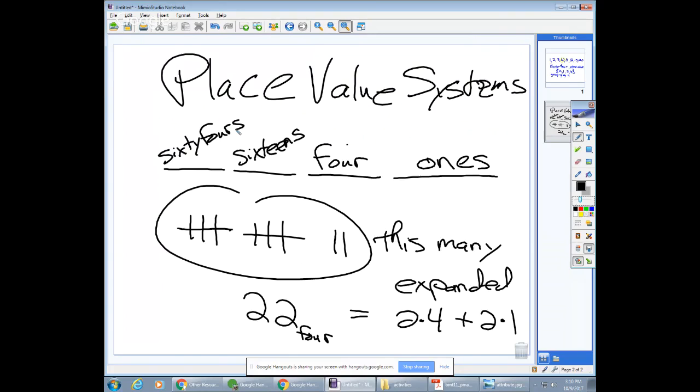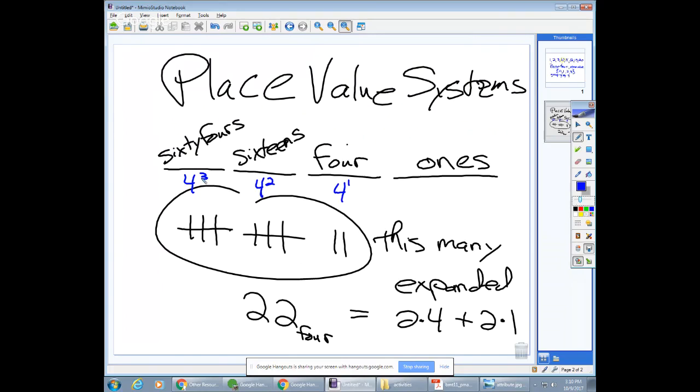Now, if you think about that, another way to look at it, I'm going to use base 10 notation for a minute. This symbol right there in blue doesn't exist in a base 4 system. They would write that as 1, 0. But I could say this place value is 4 to the first, this place value is 4 to the second, and this place value is 4 to the third.